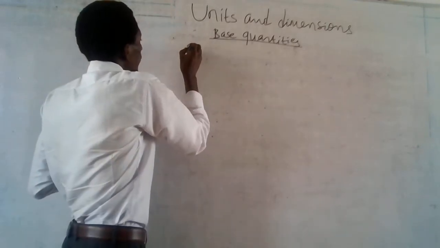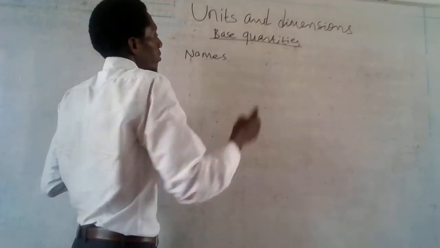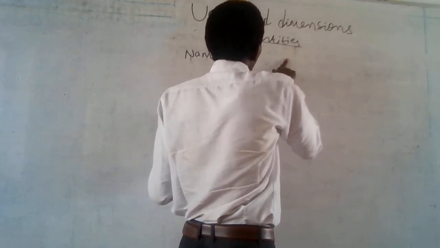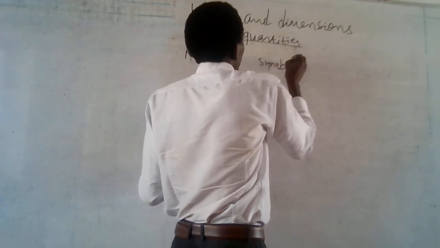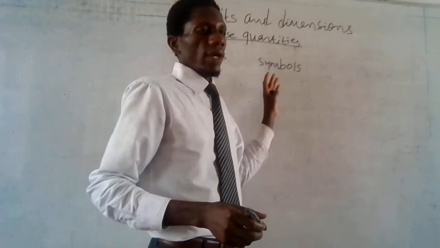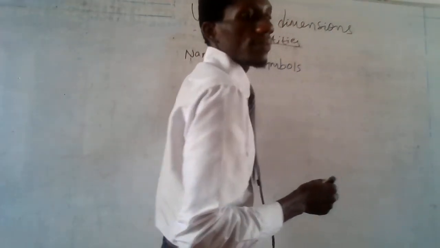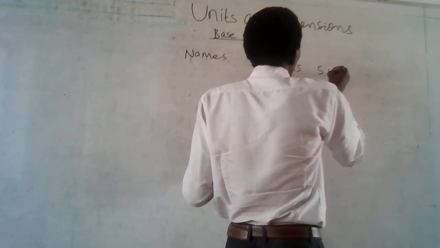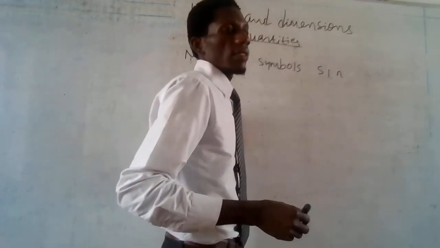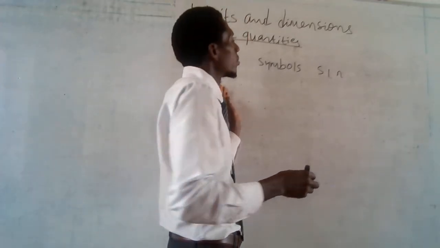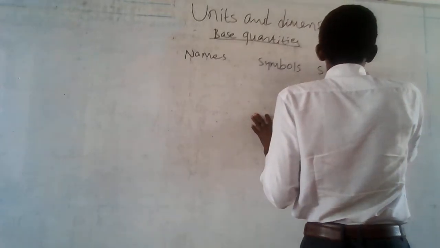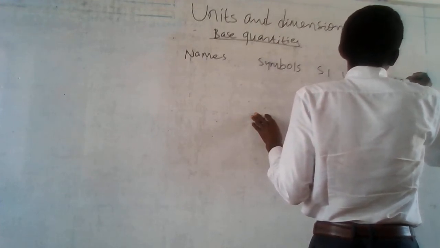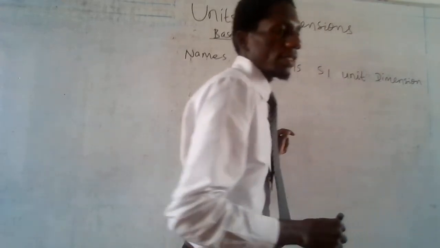So, first of all, names, then the symbols that represent them, then we have the SI unit, dimension.